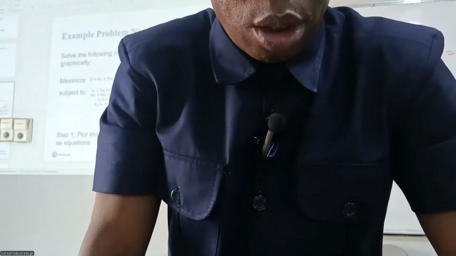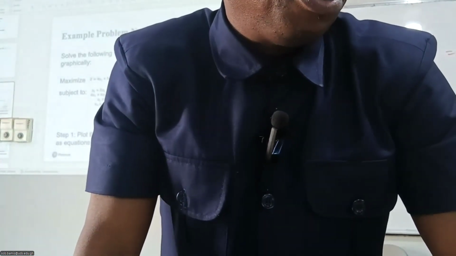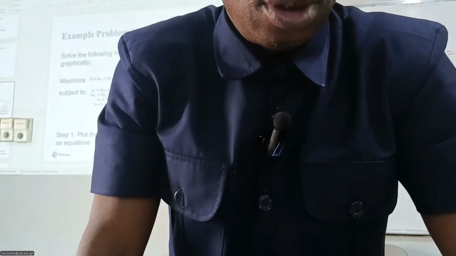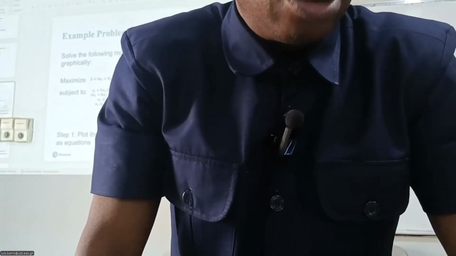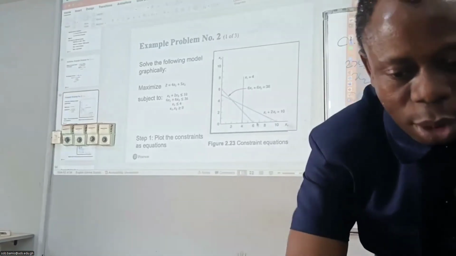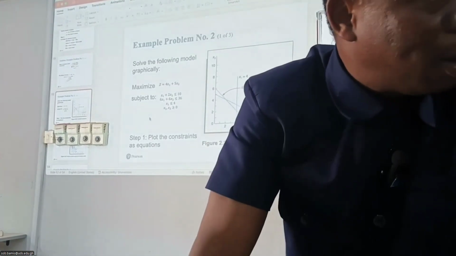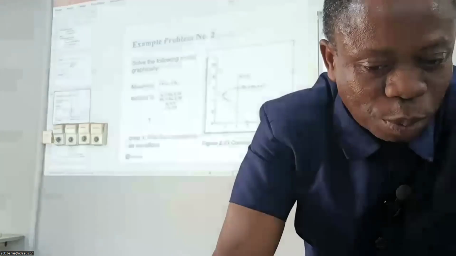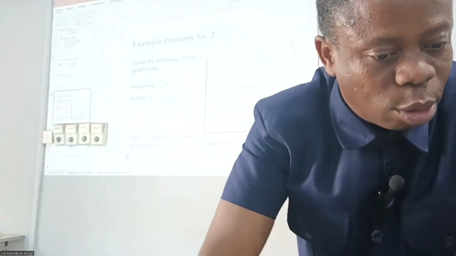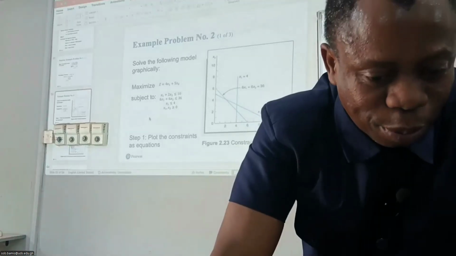Okay, so you see problem number 2. That's last week's slide. So this one is last week's slide. Okay, so you are required to solve this problem. Even though there are highlights of the solution here, but solve it yourself.